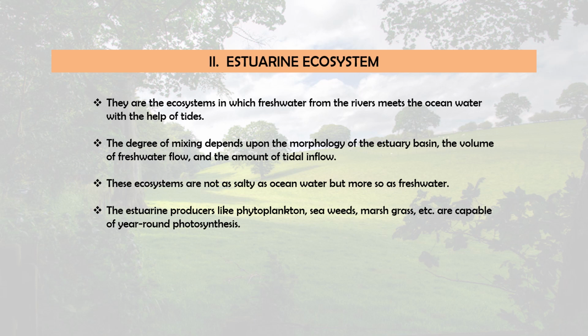And these ecosystems are not as salty as marine water or ocean water, but they are naturally saltier than fresh water. Estuaries are the transition zone between river environments and ocean environments, and they are subject to both marine influences and riverine influences.